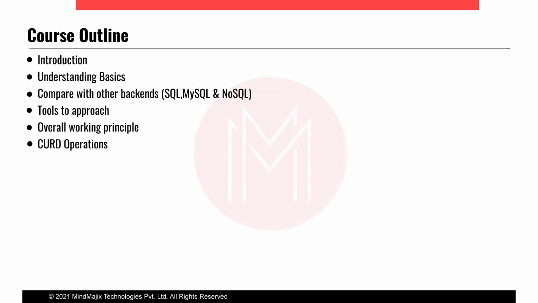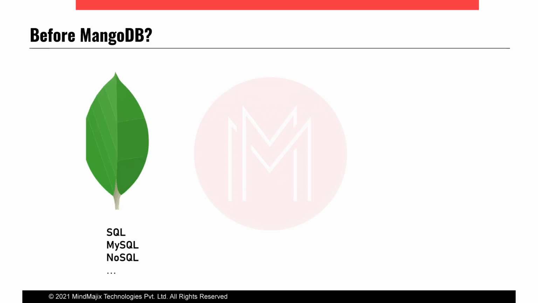Before MongoDB, please imagine what was there. Everything was structured, so we were not able to handle a huge amount of data, meaning bulk data. We needed more commands, and we could not handle unstructured data.